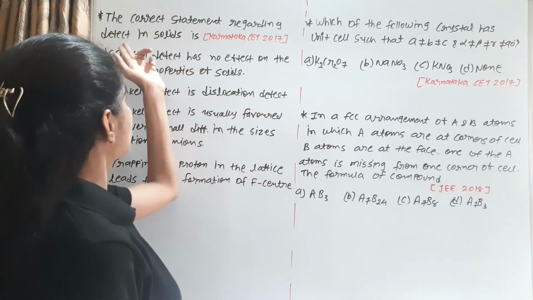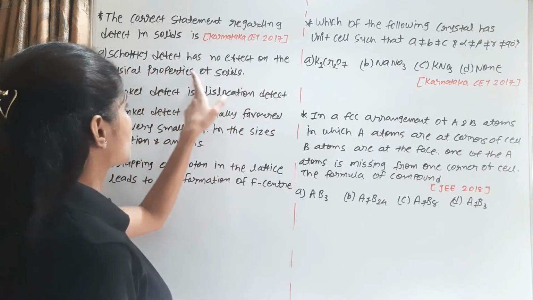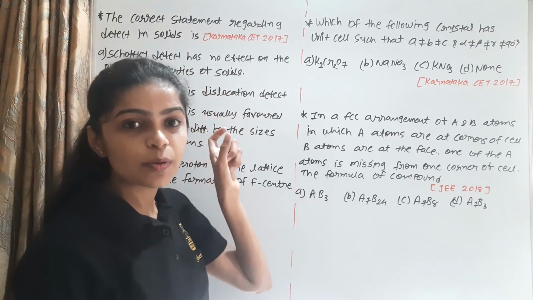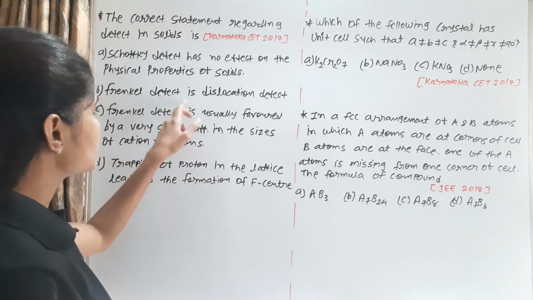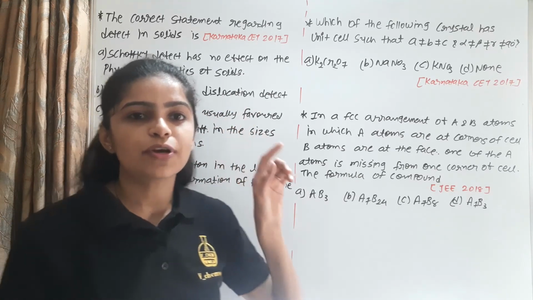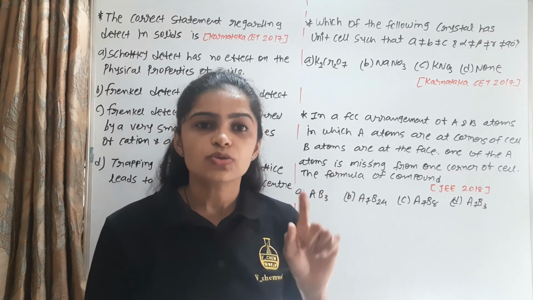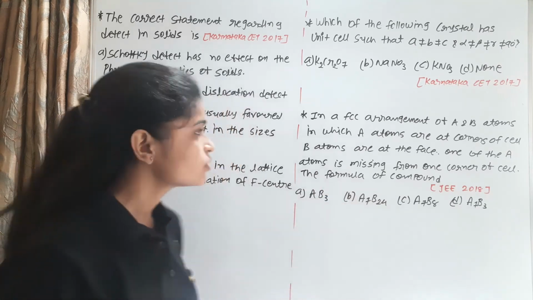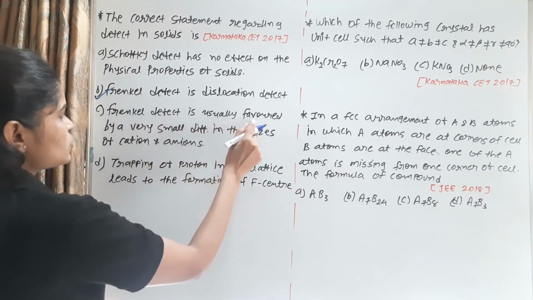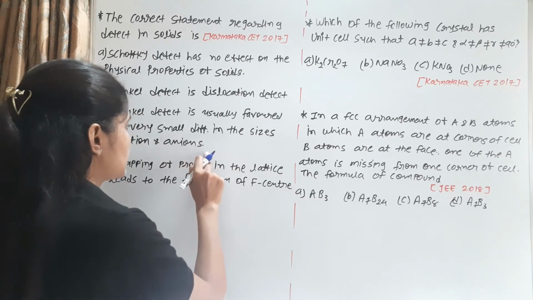The correct statement regarding defects in solids is, firstly, the Schottky defect has no effect on the physical properties of solids. This is wrong because the Schottky defect affects the physical properties of solids. Next, Frenkel defect is a dislocation defect. Yes, this is right because in the Frenkel defect the positive ion leaves its own position and occupies an interstitial position, so the charges are dislocated. Frenkel defect is usually favored by a very small difference in the sizes of cation and anion.